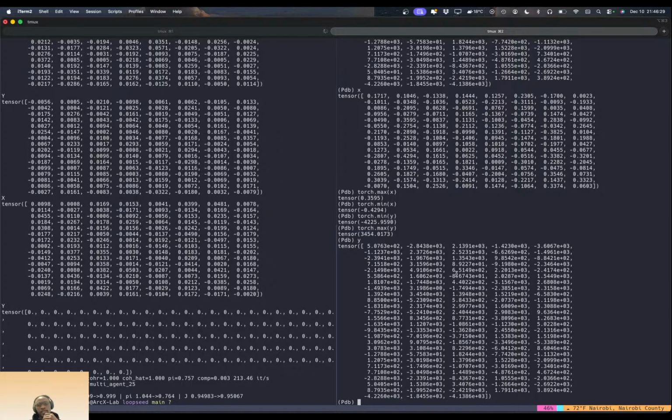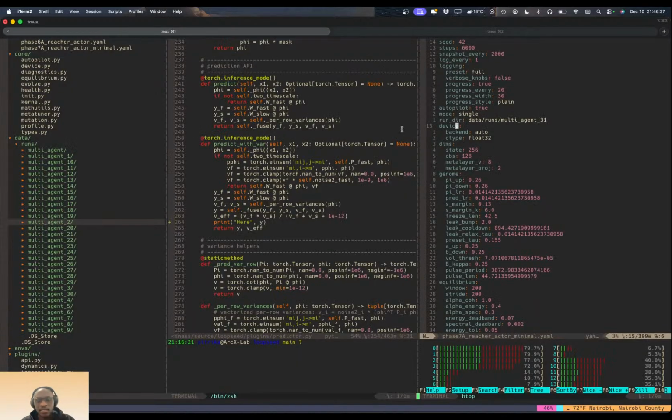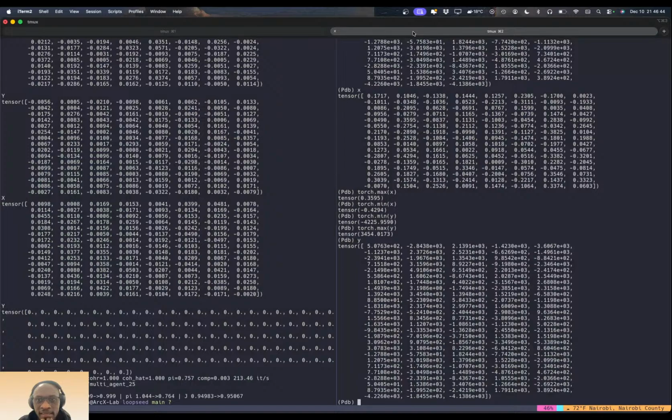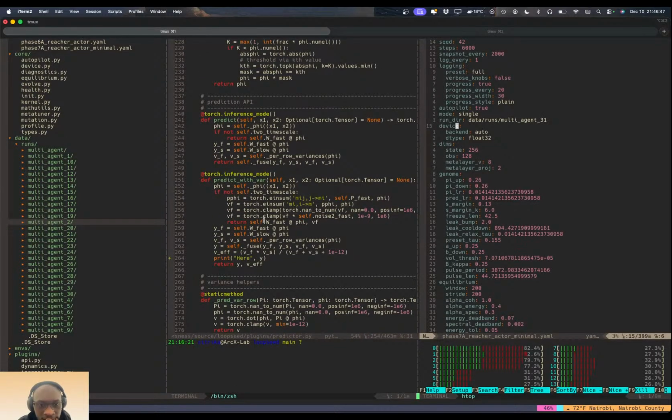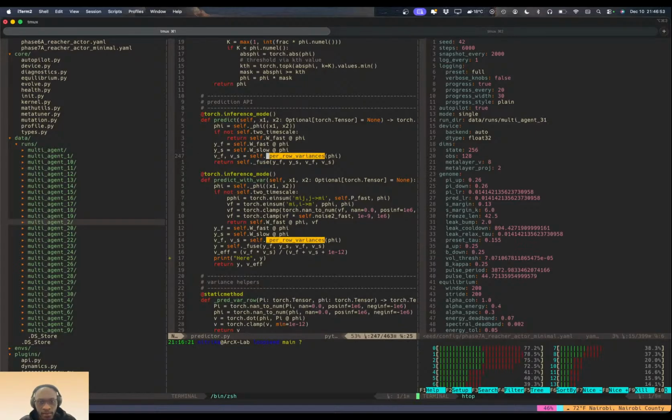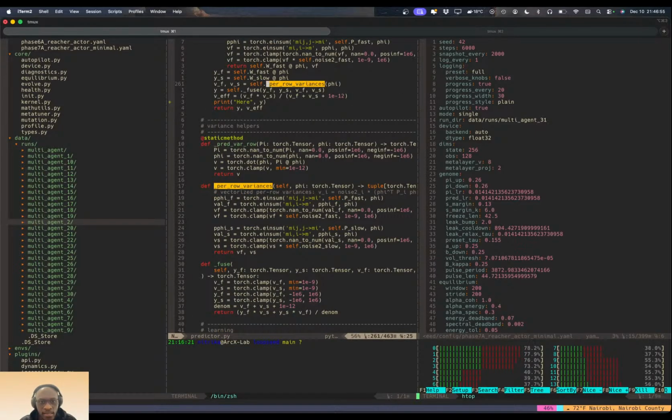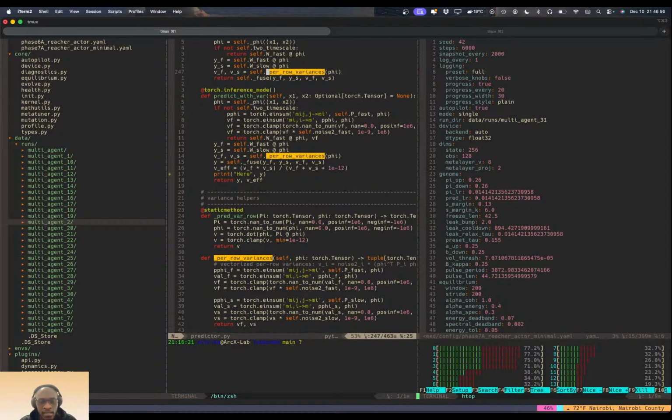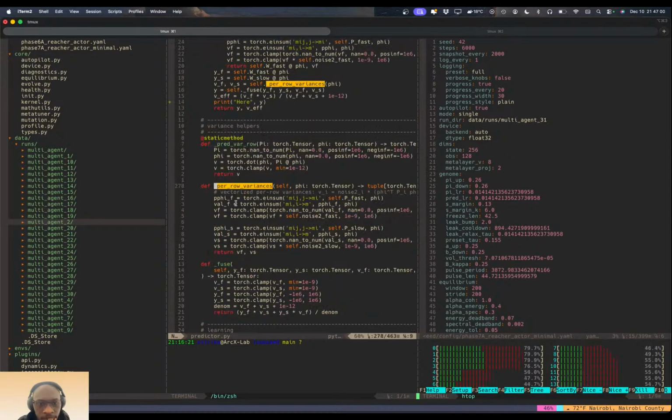Okay, I see. I don't know. We can try to reduce the predictor learning rate, right, and see if that helps. Wait a minute. Oh, so this is, let's go to covariance. What is happening?